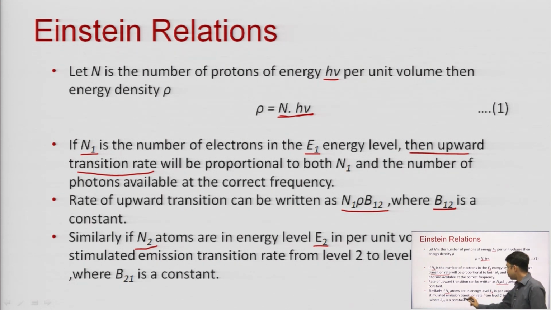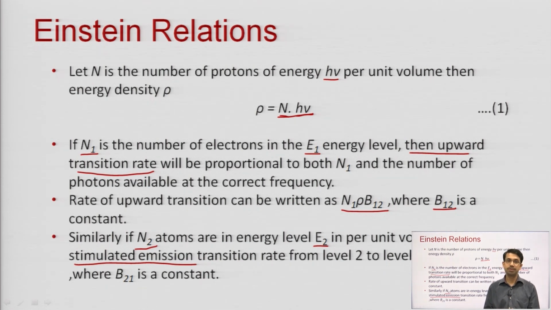So, the stimulated emission rate will depend on the number of electrons in excited state and the number of photons of correct energy that are available. What is the correct energy? E2 minus E1. How many photons are available for stimulated emission?